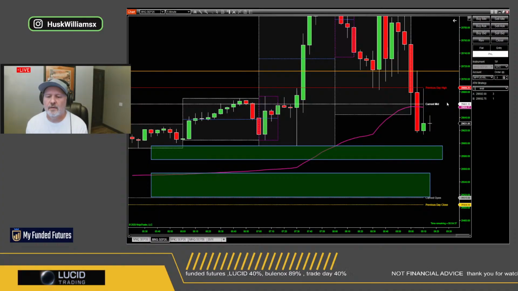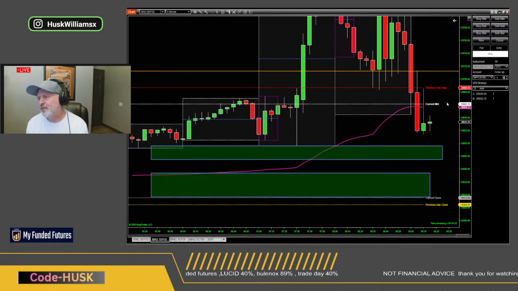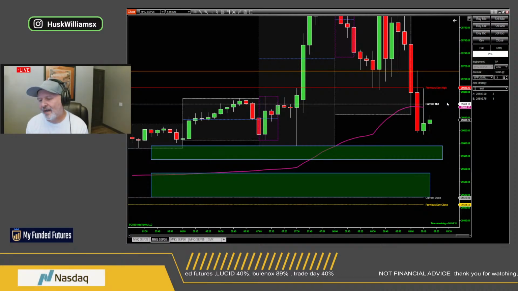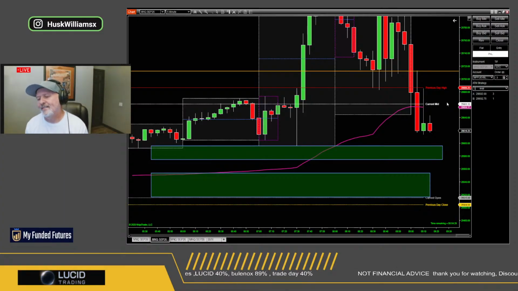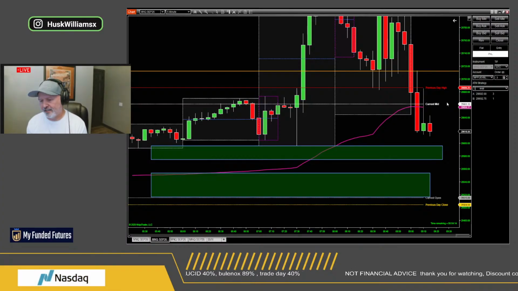The VWAP I don't really use. I have that on there because I have some people in my lobby that use the VWAP. I don't really ever use it. It's that purple line. The gold lines that I have on there are pivots. Like I said, everything that I use is level based or some type of support and resistance based. And I use those for targets.